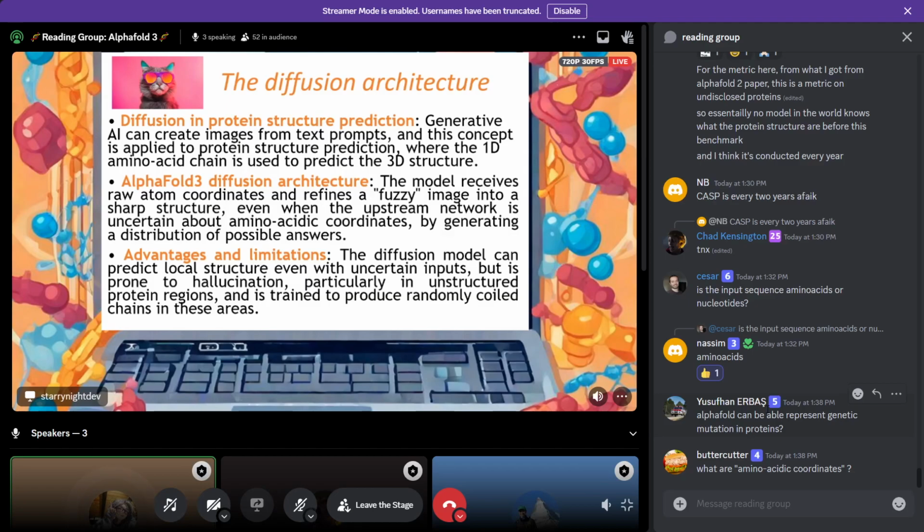Obviously, maybe not at first take if you are not a protein scientist, but with some expertise you may be able to say, oh yeah, this protein is renowned for having unstructured regions in itself. So probably it is an unstructured region. So far so good for the diffusion architecture.